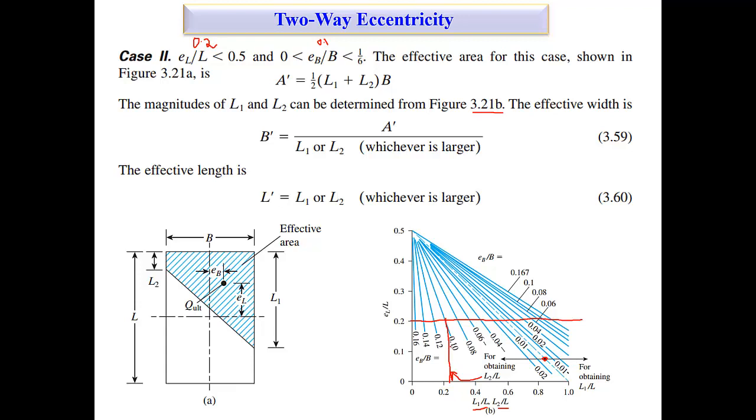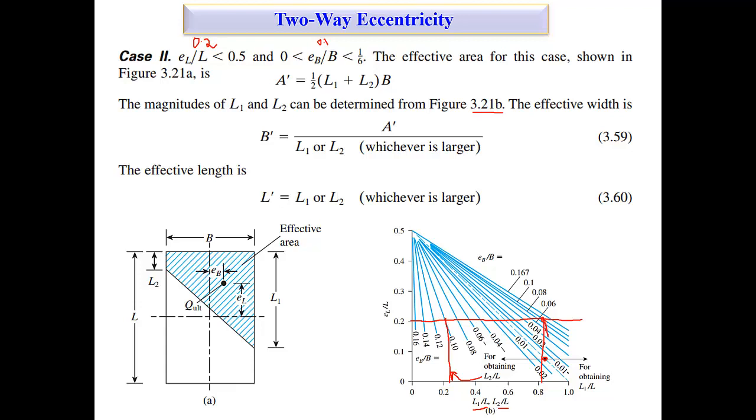Right side of it is L1 by L. So if you select the curve for 0.1, 0.1 is this one, right? No, 0.1 is this one. This portion. So if you go, sorry, maybe a little right side, right?